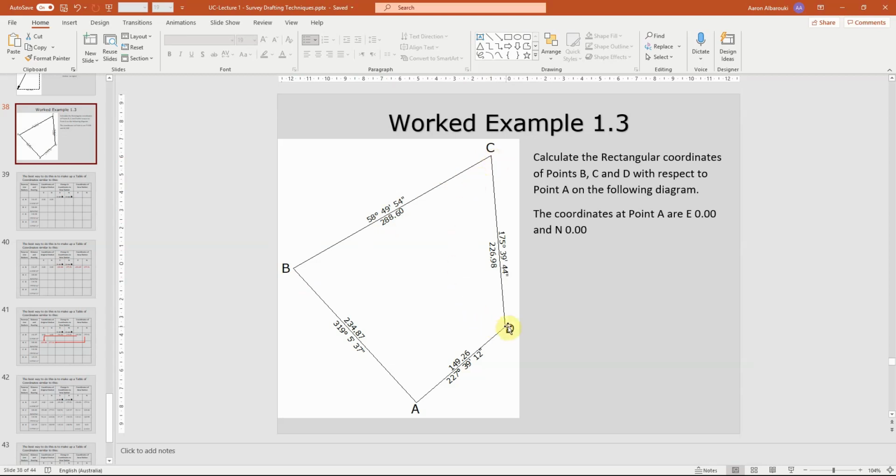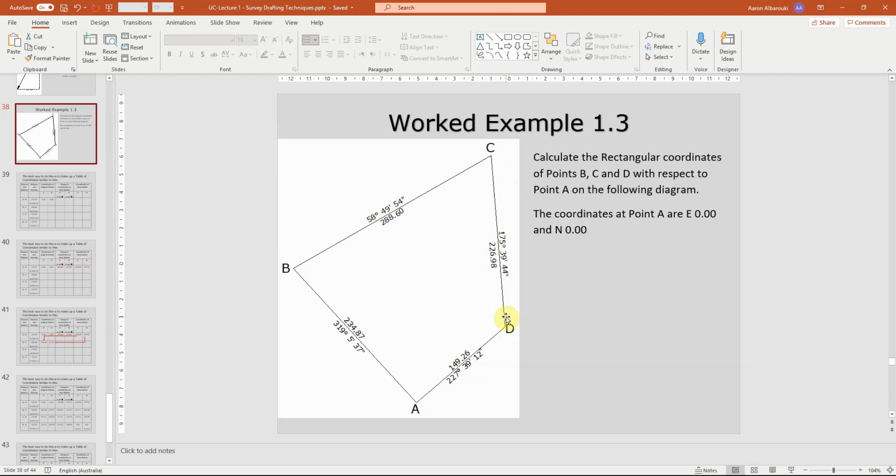If I need the north of this point here, I have to calculate the same components, which is 226.98 times cosine this value. That will tell me the change of north from this point to that point. You'll find that change is negative because I'm going down. So when I found that change, I add it to the north of that point. That will give me the new north for that point.